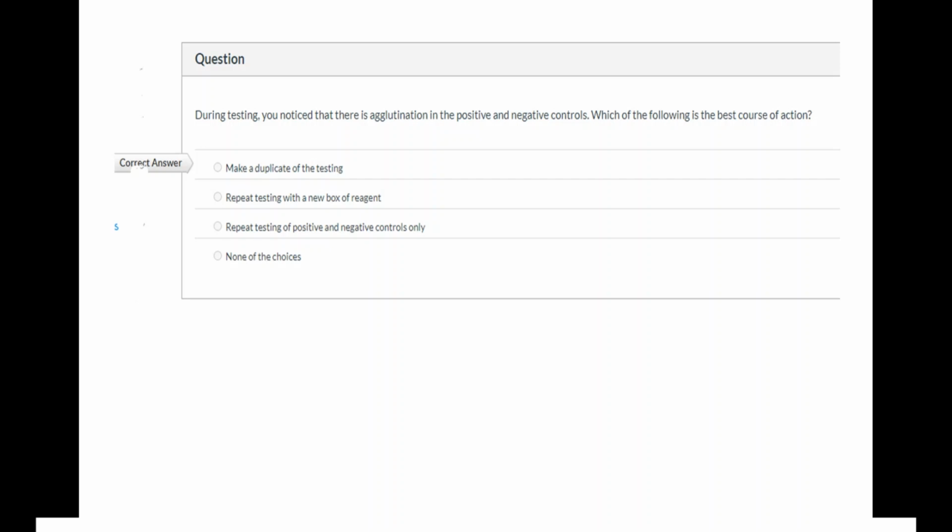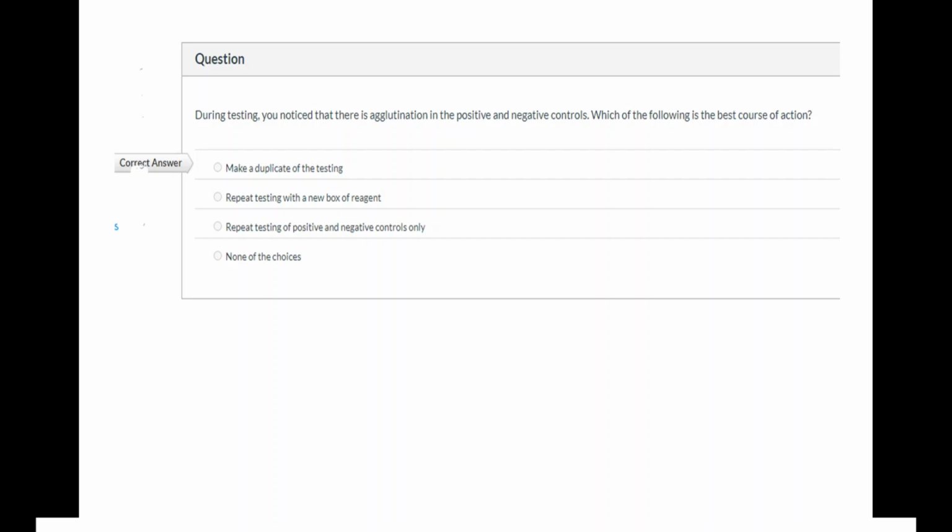The positive control should yield a positive reaction, which is agglutination. In the negative control, we should expect that there will be no agglutination. But in this case, both positive and negative controls have agglutination. So that means that this is a discrepant testing.